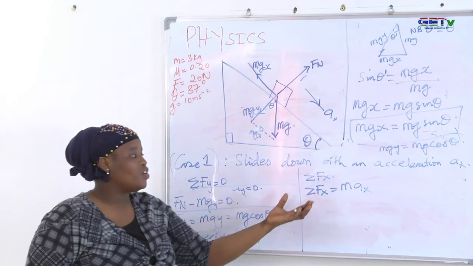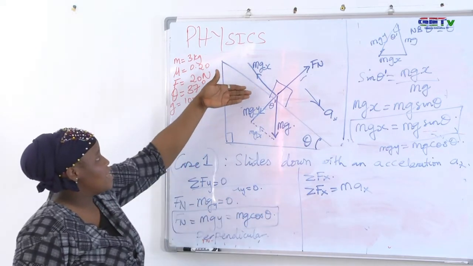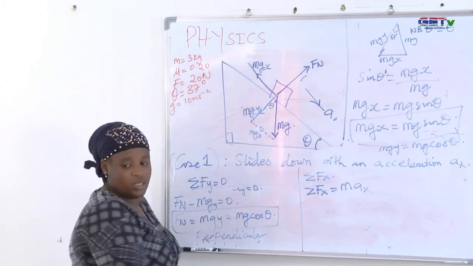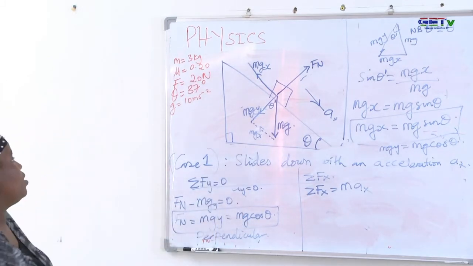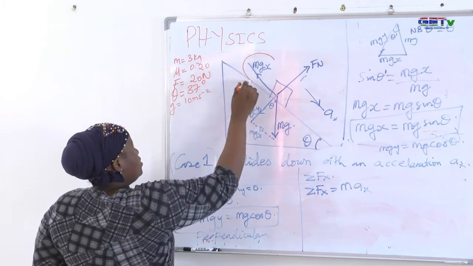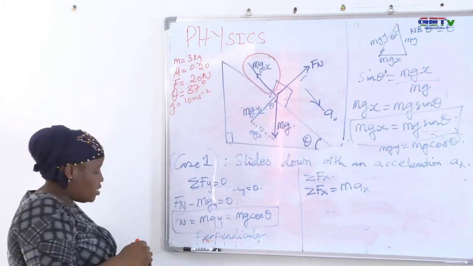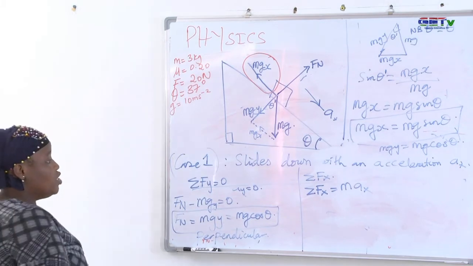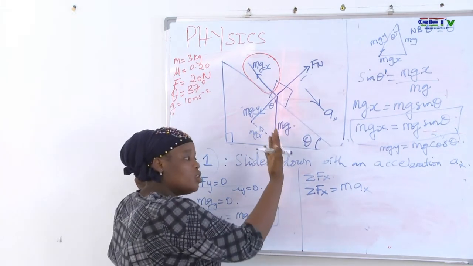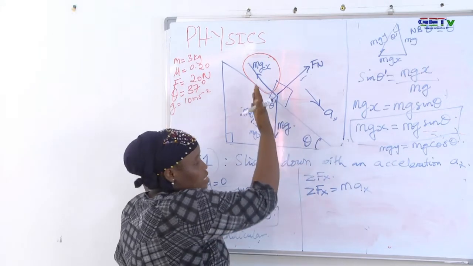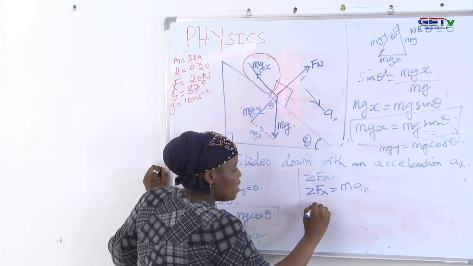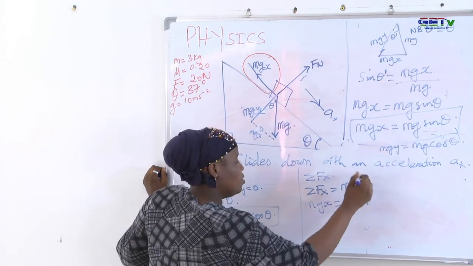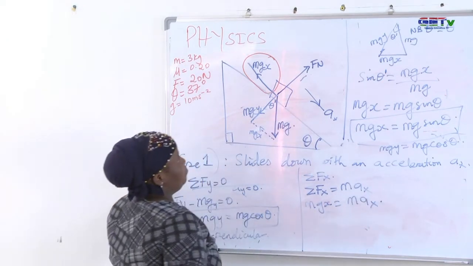Now we focus on the forces on the x-axis. If you look at my diagram, there is only a single force acting on the x-axis, which is this force I'm going to circle with my red pen. This is the only force acting on the object along the x-axis, and that force is called the mg of x. So we will apply Newton's law, which says the sum of forces, but unfortunately there is only one force. That would be mg of x is equivalent to ma of x.